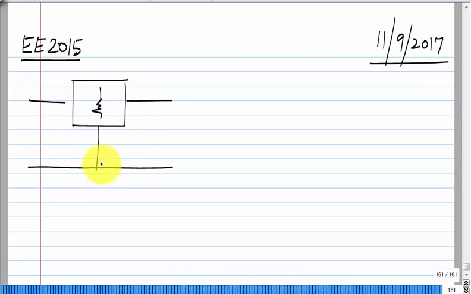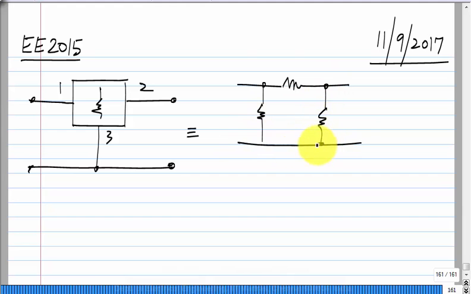If you have any resistive 3 terminal two port, this can be equivalently represented with a pi network, which consists of 3 resistors like this.